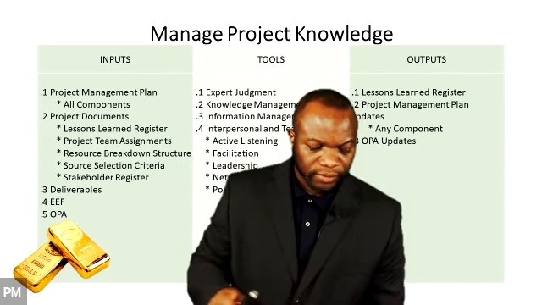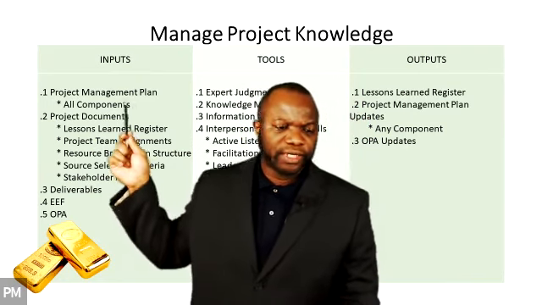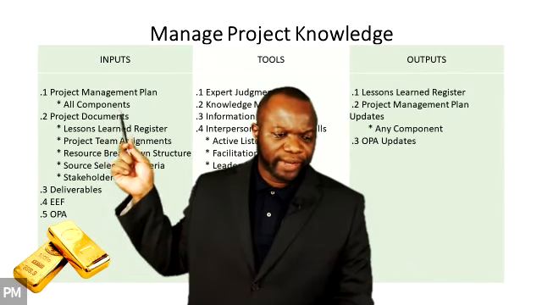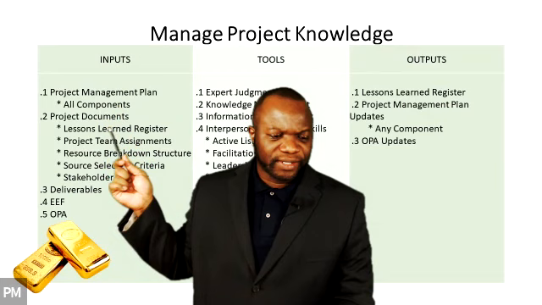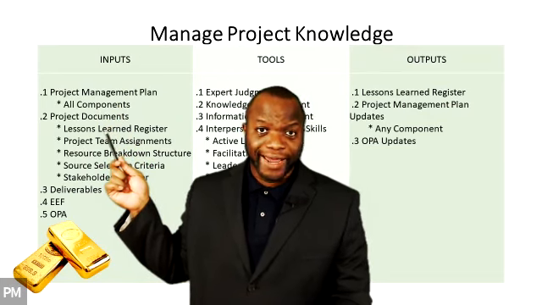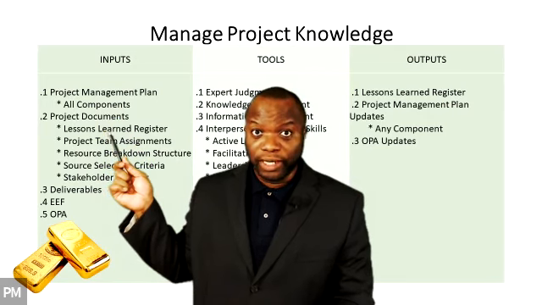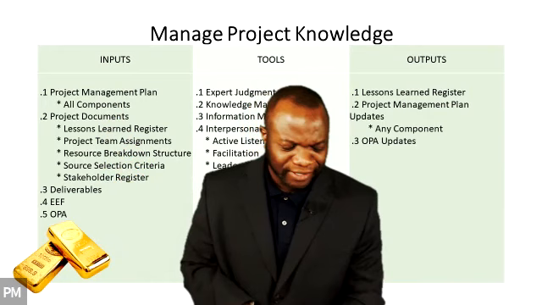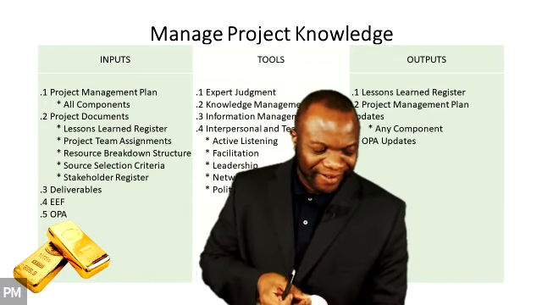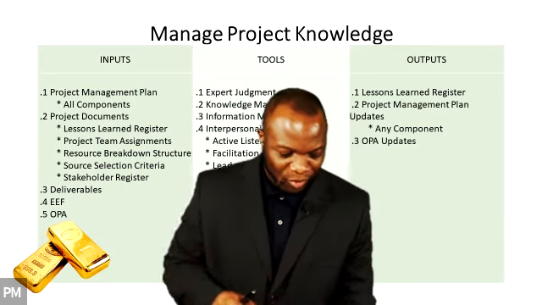Now, looking at the inputs, you can see that it's all components of the project management plan being talked about here. Project documents, the lessons learned register, as I told you on the previous slide, is the same as the output. It eats what it gave you. Let's take a look at what they have here under project documents. Follow me to page 101.